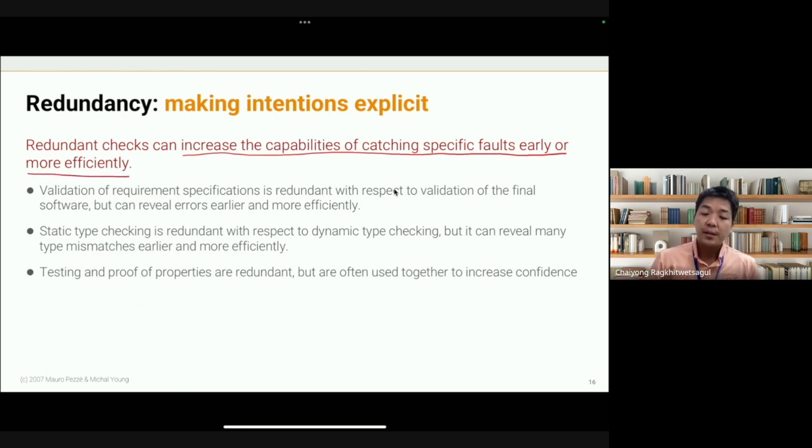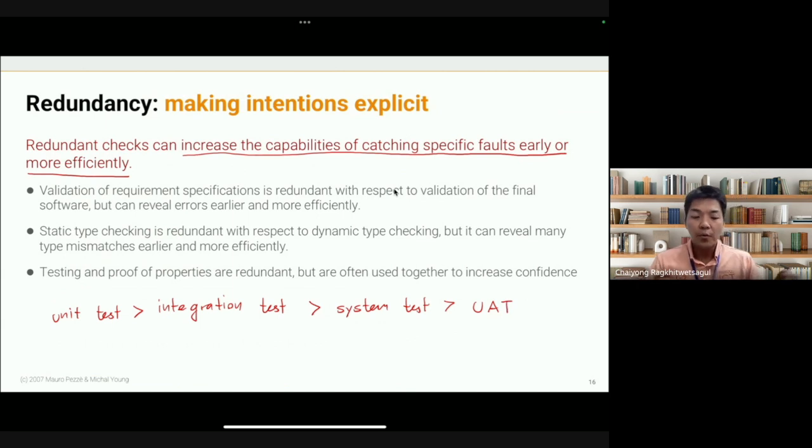So we do a lot of tests in software development, which we're going to talk about during this whole course. You start with unit tests, and then you do integration tests, and then you do system tests, and then you do user acceptance tests.